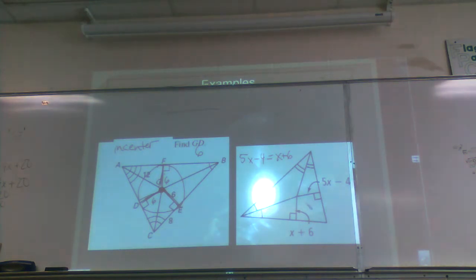Tell me why. How do you know these are equal to each other? You said they're radii, right? Yeah. I agree with that. But how do you know that they are radii of a circle? What tells you that? Well, the two angles are bisected.